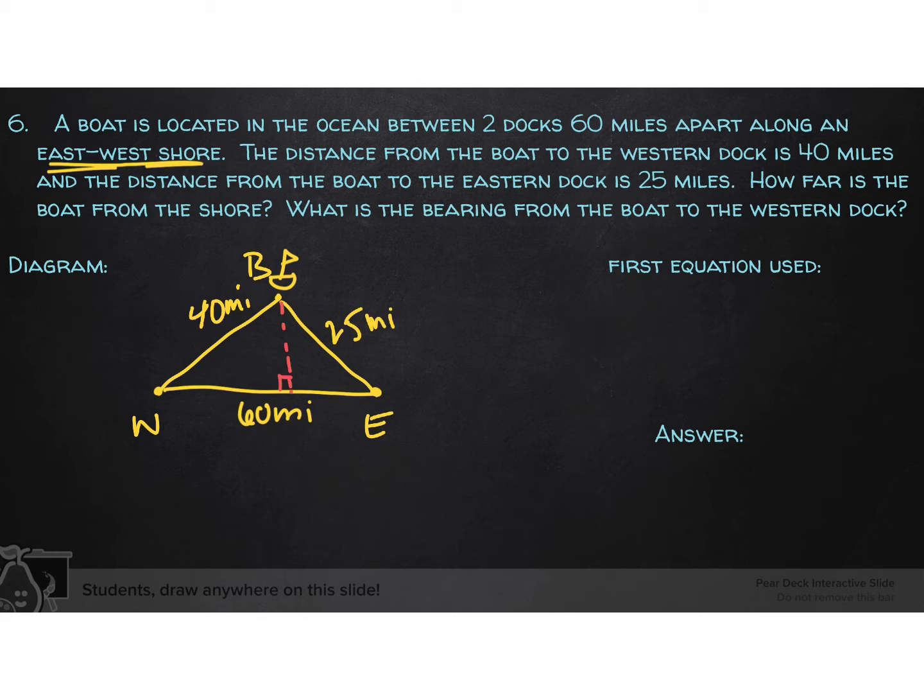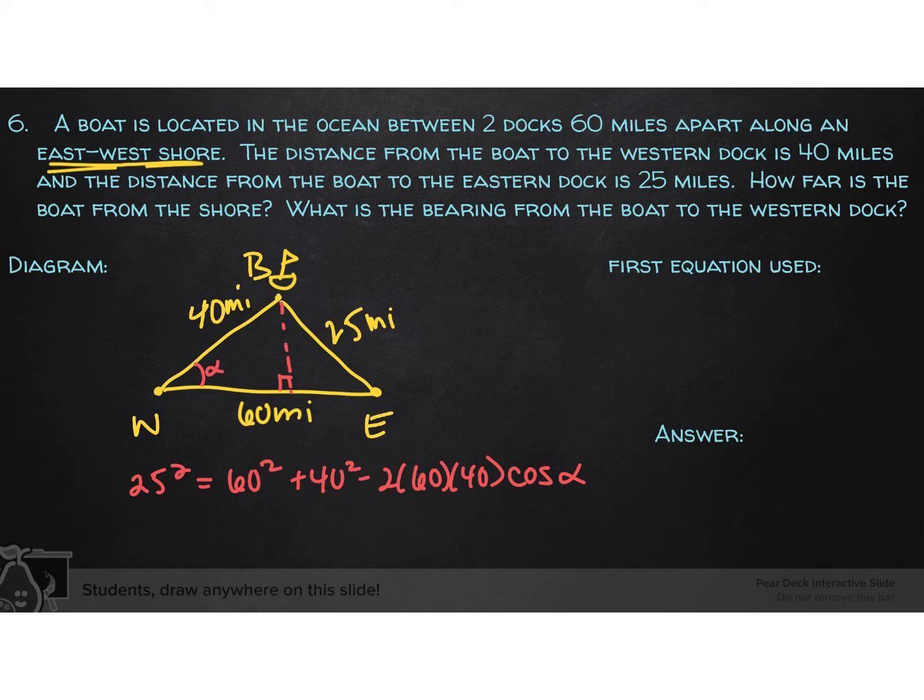Okay, so we do need to do law of cosines because we have side, side, side to be able to solve for one of the angles. So we want to solve for this angle. So we'll do 25 squared equal to 60 squared plus 40 squared minus 2 times 60 times 40 cosine of alpha.